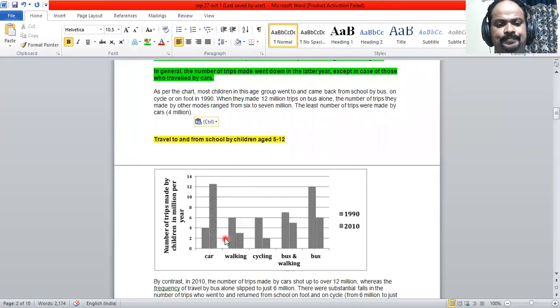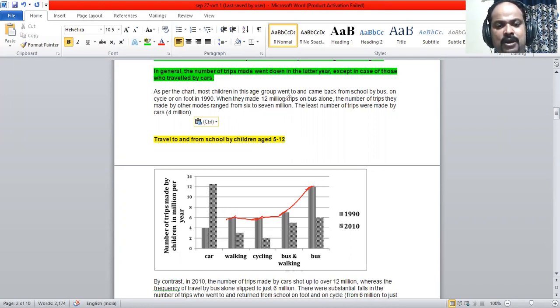Most children in 1990 went on foot, by cycle, and by bus. You can definitely say most children in this group went and came back by these modes of transport.